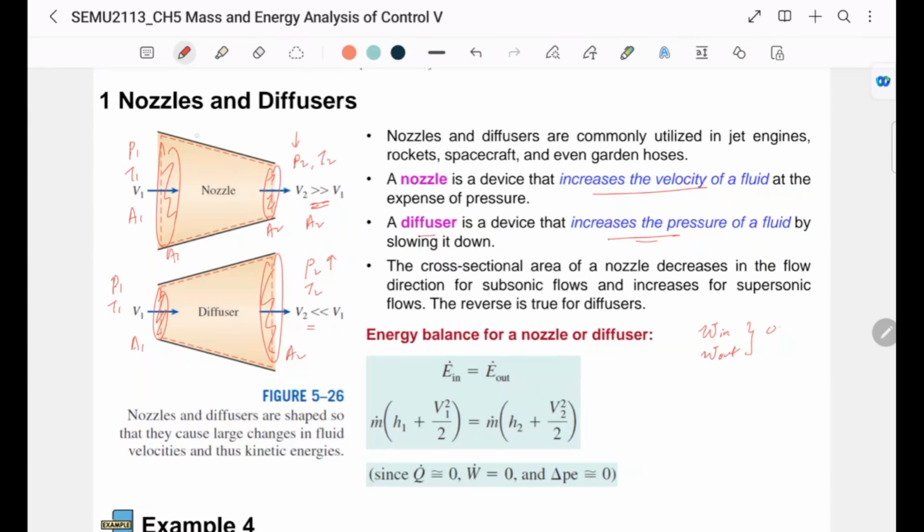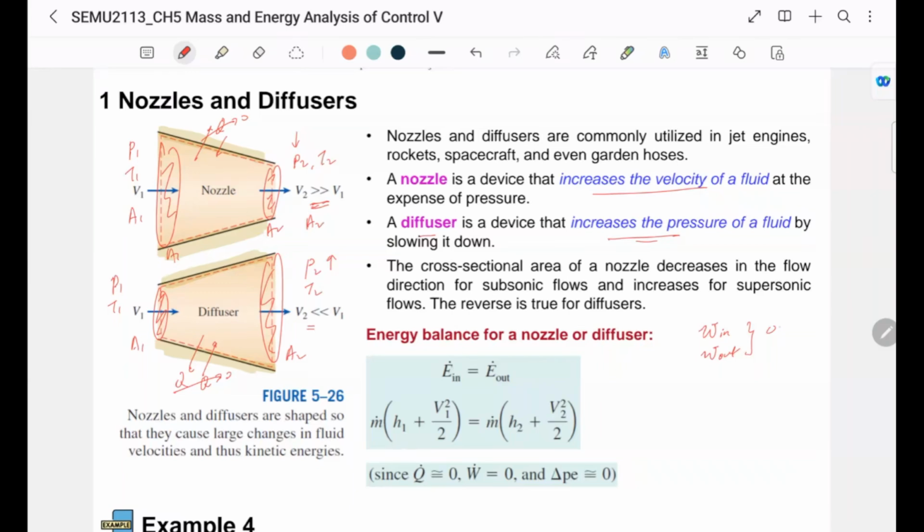But there might be heat exchange in the process, depending on whether it's an adiabatic nozzle, adiabatic diffuser or not. If the question says it's fully insulated or adiabatic, then this can be zero. It depends on whether it's insulated or not.